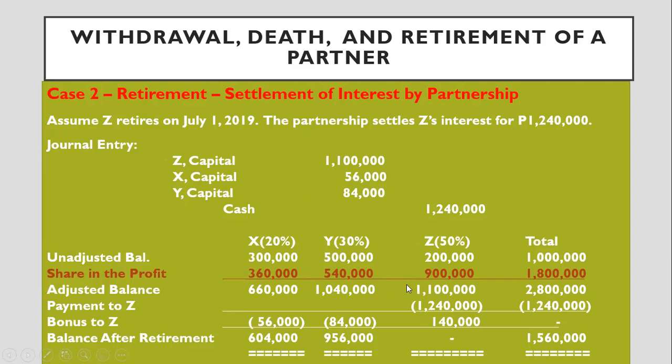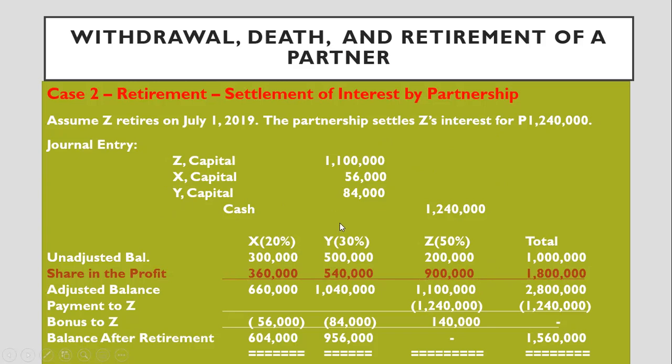Because based on our previous case, the adjusted capital of Z after the profit sharing is 1,100,000, if you remember. That's after getting the profit of 1,800,000. By the way, I'm using the same problem as in case number 1. This is just a different scenario. The first one is the partners bought out Z's capital, and this time it's the partnership who paid Z's interest.